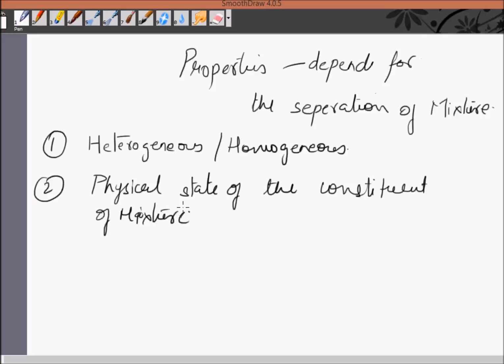What do you understand by the physical state or the physical properties?